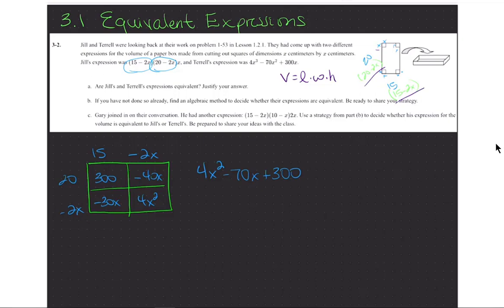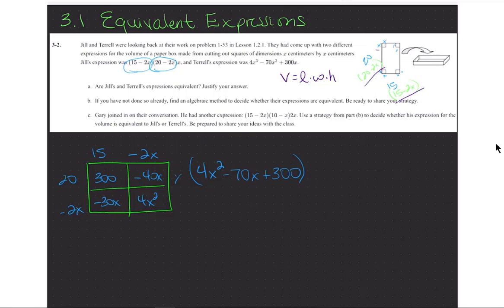So now I have a trinomial, and I'm just going to throw that in parentheses because when I go back up to my original problem, we took care of the 15 minus 2x and we took care of the 20 minus 2x, and we still have to multiply by our x. Depending on where you want to stick it, you can put it in the front or at the end.